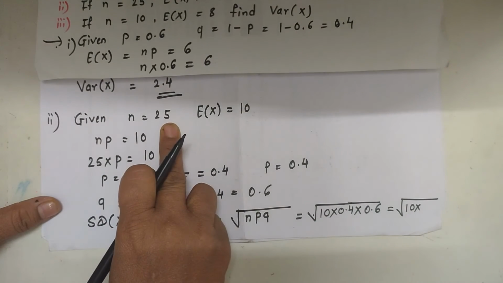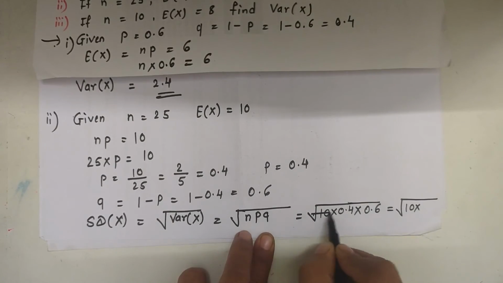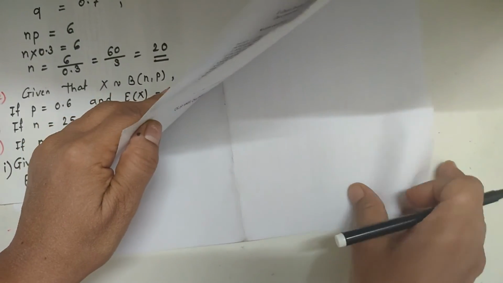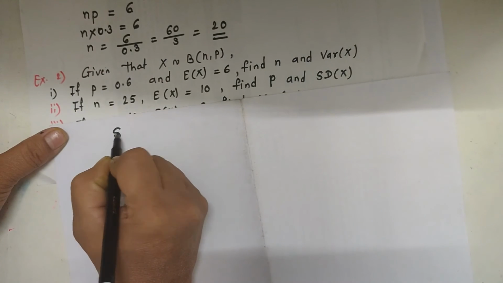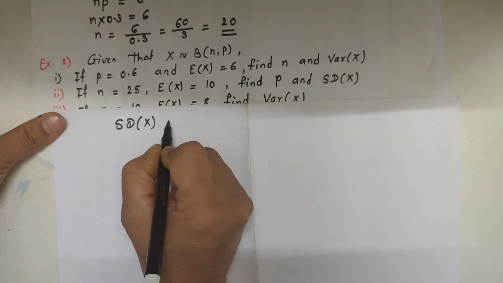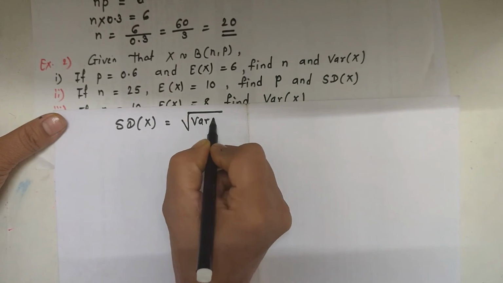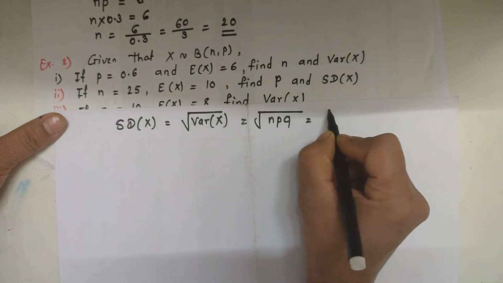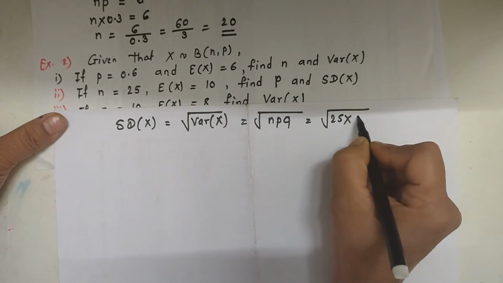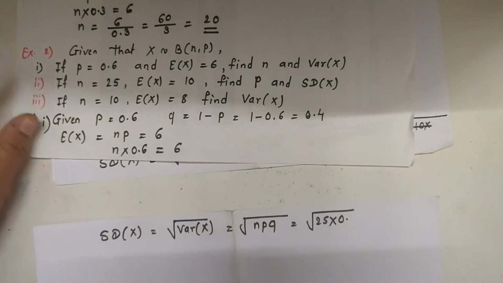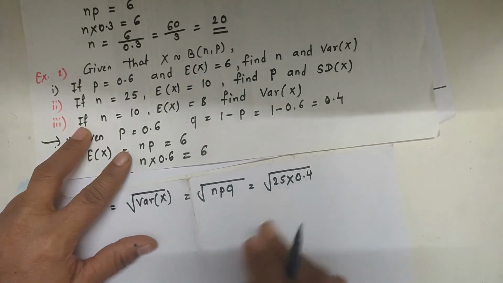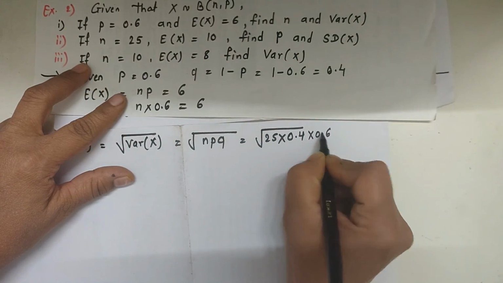Here n is equal to 25. So standard deviation of x is equal to under root of variance of x is equal to under root of npq. Here n is equal to 25, p is 0.4 and q is 0.6.